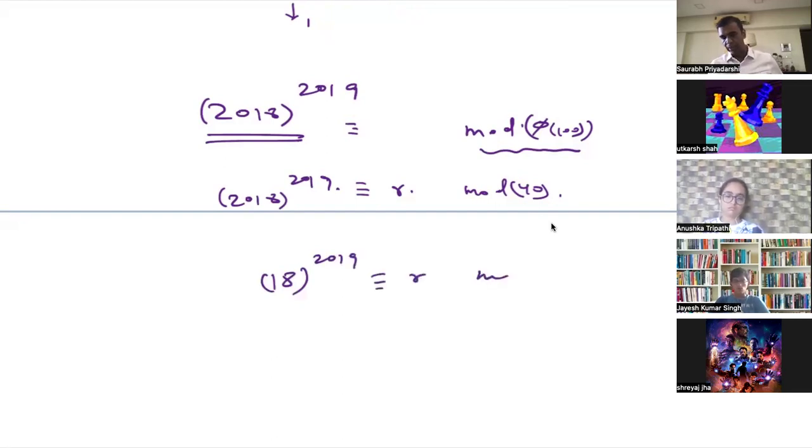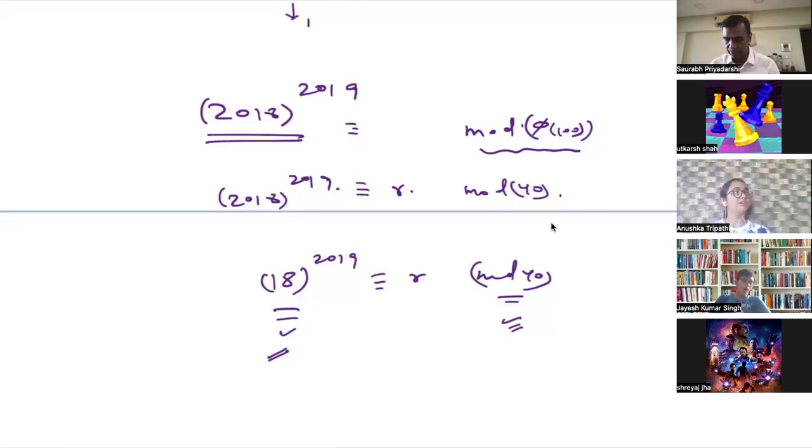Can you find this mod 40? But both have the same factors: this is divisible by 2, this is also divisible by 2. So I'm not able to find it directly. For that, we have to use CRT.